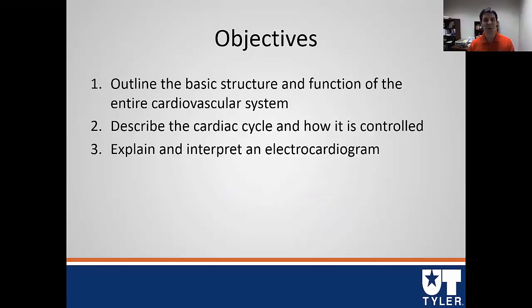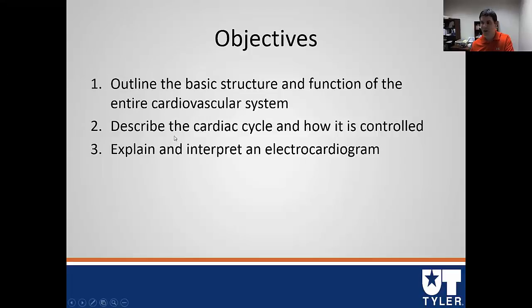To get started, though, what we really need to do is understand the structure and function of the cardiovascular system, and then work our way into some of the more interesting aspects of how exercise and disease affect the cardiovascular system. So for this first lecture, we really need you to just be able to outline the basic structure and function of the cardiovascular system. We're going to get into the heart, arteries, arterioles, veins, venules, and capillaries.